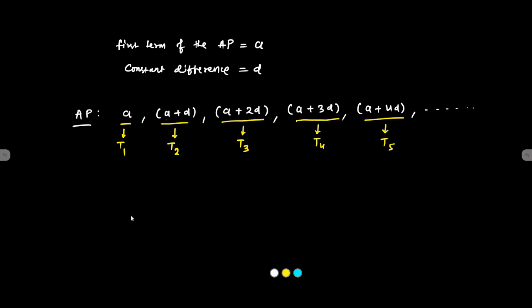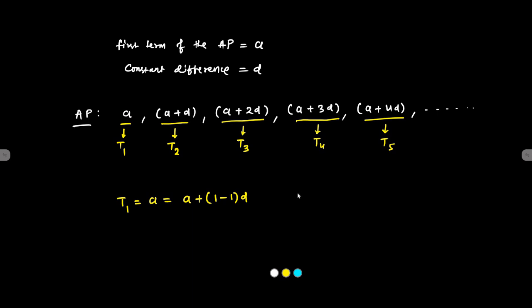For example, the first term T1 is equal to A. We can write it as A plus 1 minus 1 into D. Same thing, 1 minus 1 is 0, so it will be A simply.